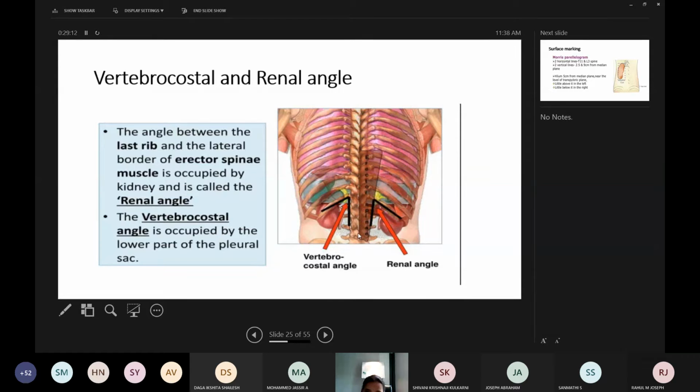That's why the counting of the ribs is very important for exposing. That's the importance of the renal angle and the vertebrocostal angle. You understood this renal angle?